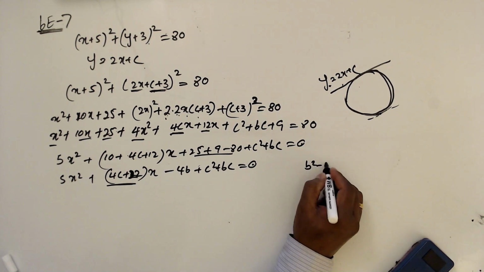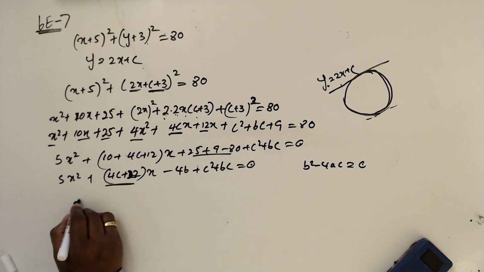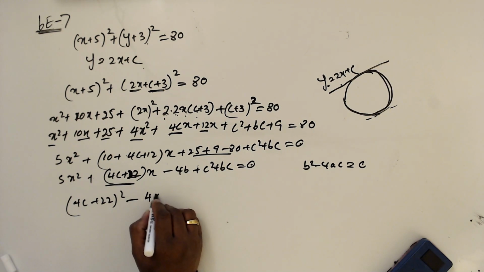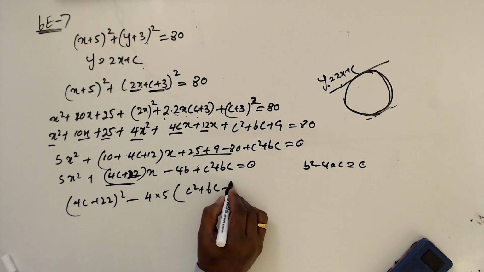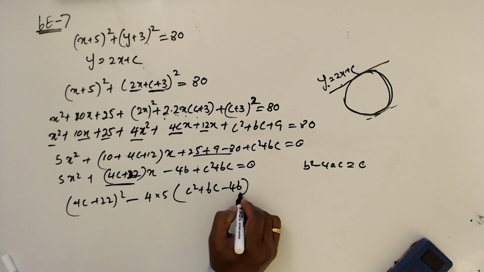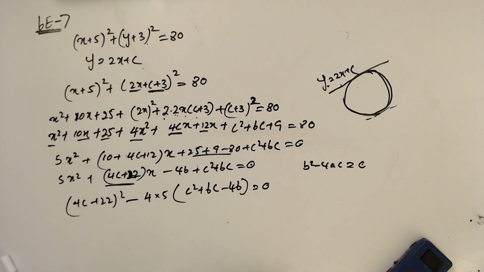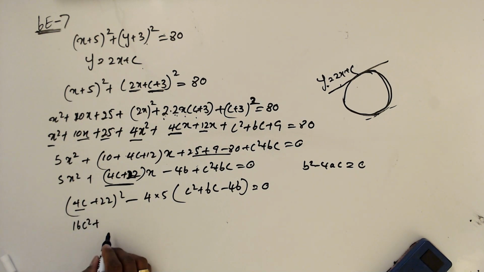Now we want b square minus 4ac equals 0. b is 4c plus 22 square, minus 4 times a which is 5, times c square plus 6c minus 46. Now I have to expand this. 4c square means 16c square.